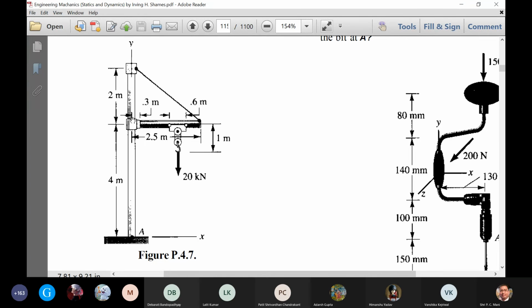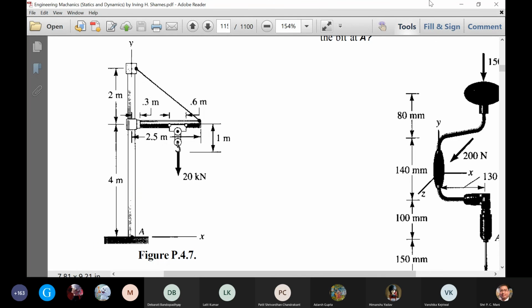If you are taking moment about this axis or line, you are considering this point. For example, if a point is here, you have to consider this 0.6 meter distance from the weight. Similarly, if you approach from this side, the total is 2.5 minus 0.3, so that will be 2.2.